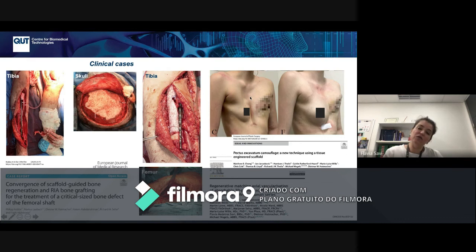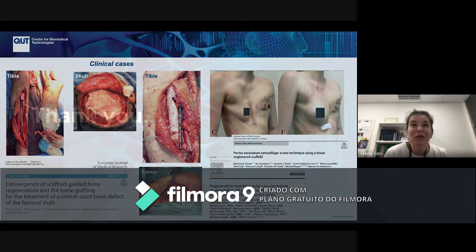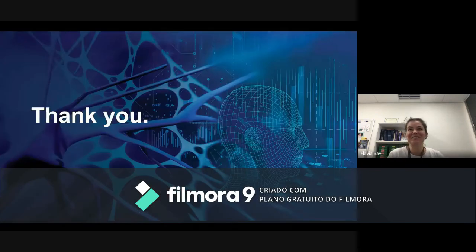And this is a girl, she had a deformity of her pectus, and a scaffold was used to give her the form of the pectus again, as you can see in the before and after surgeries. So yeah, that's what I have been doing here for 9 years.